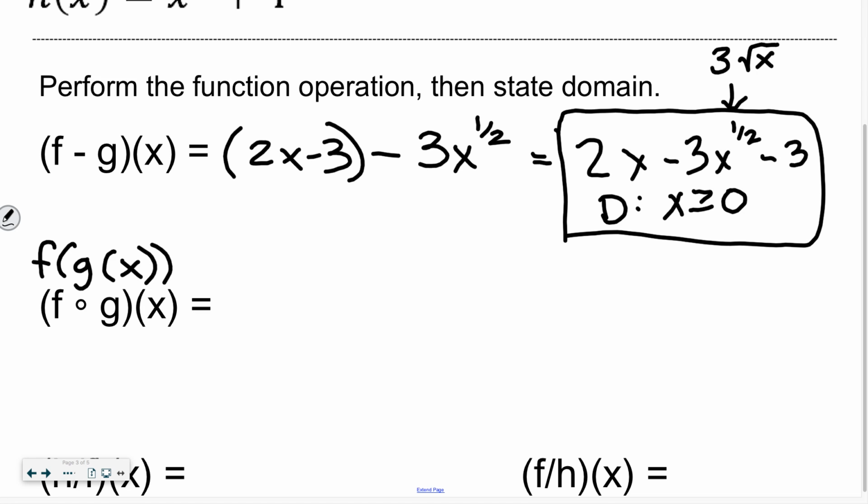So this is asking us, take g of x, which is this 3x to the 1/2, and substitute it in for x in f of x, the outside function. So f of x was what? 2x minus 3. So we're going to say 2 times 3x to the 1/2 minus 3.